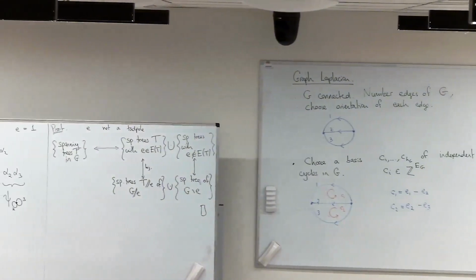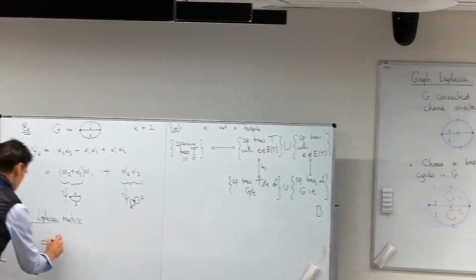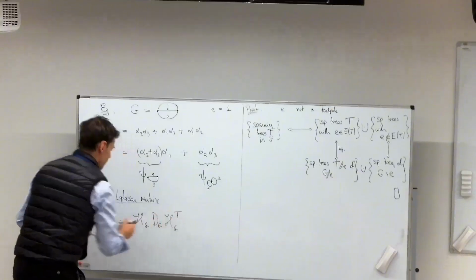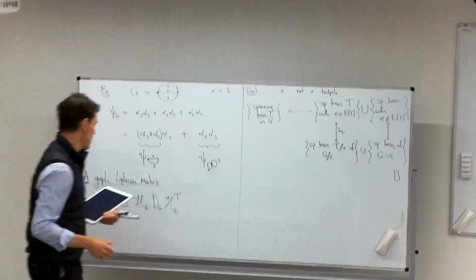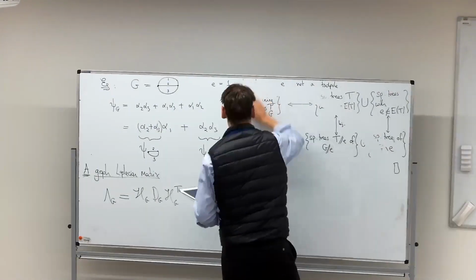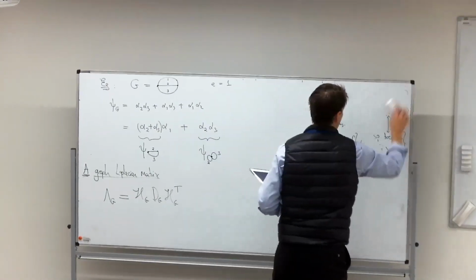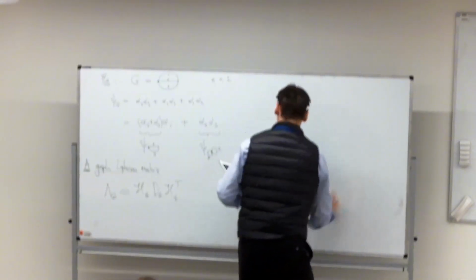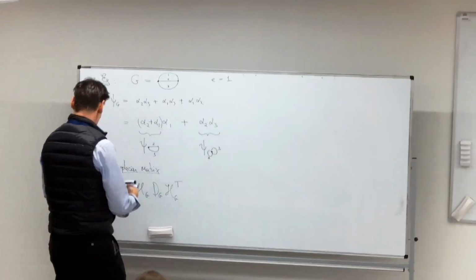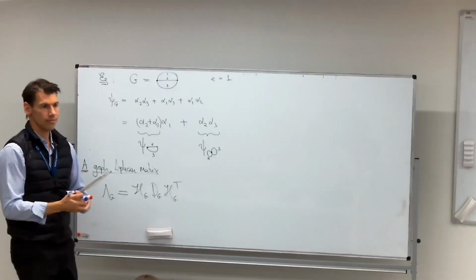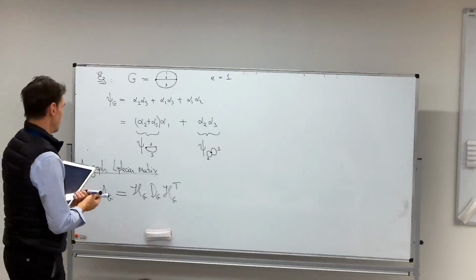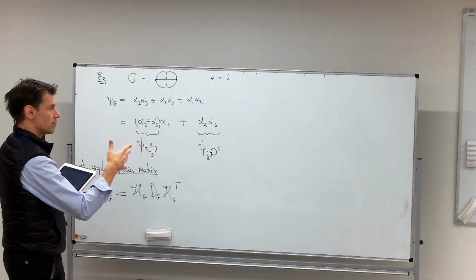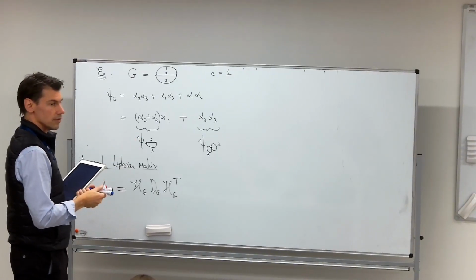So with these choices, Lambda_G equals H_G D_G H_G transpose.